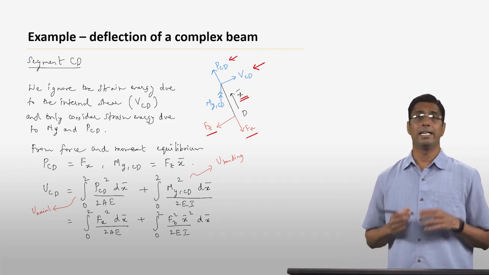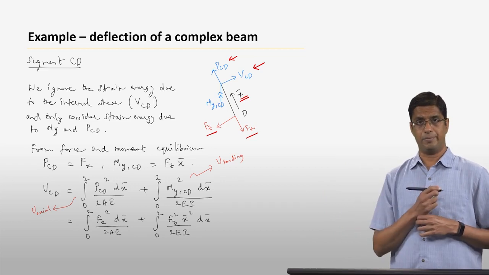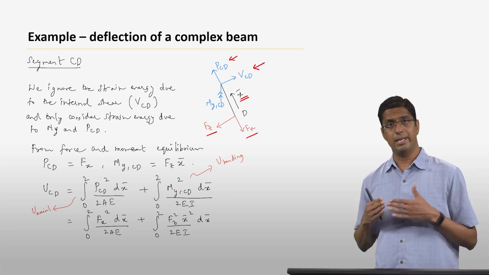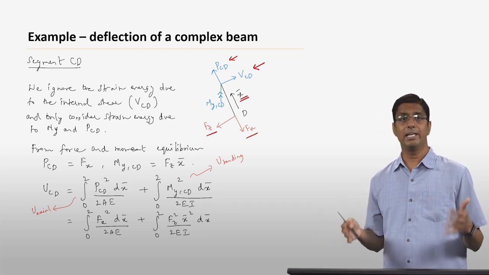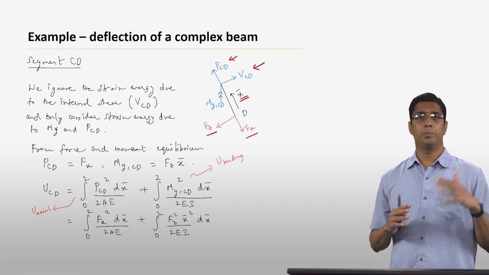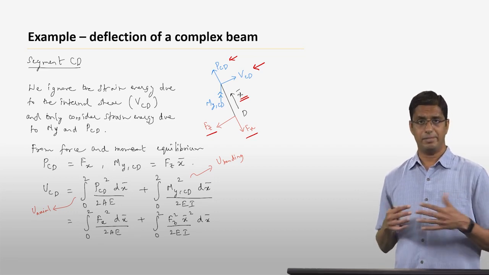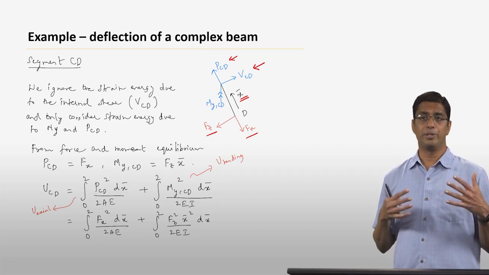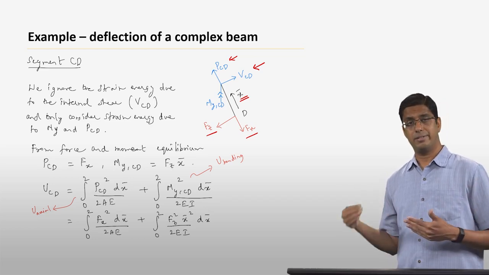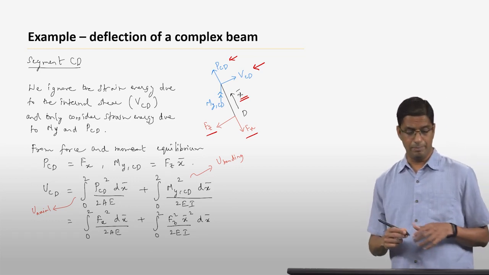This x bar is a local coordinate that starts at point D and ends at point C. So x bar is going to vary from 0 to 2 since the length of the segment CD is 2 inches. I am going to write both PCD and MYCD as a function of x bar, and then I am going to find the strain energy by integrating for x bar starting from 0 and ending at 2.